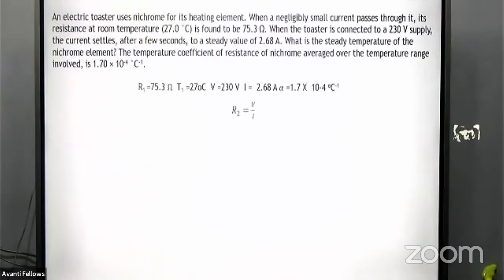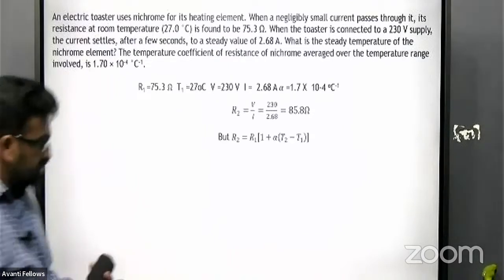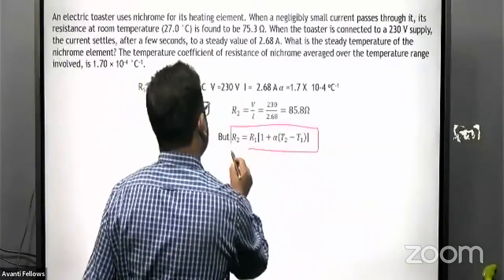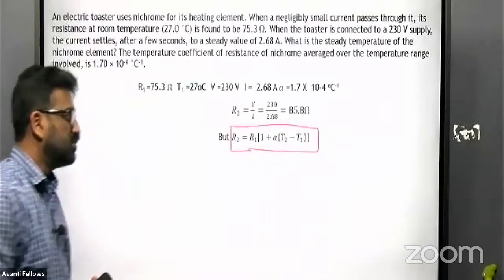Now R1 is given, T1 is given, V is given, I is given, and the temperature coefficient alpha is also given. R2 we can calculate. So this is the core equation, which you have to remember: R2 equals R1 into 1 plus alpha, T2 minus T1.